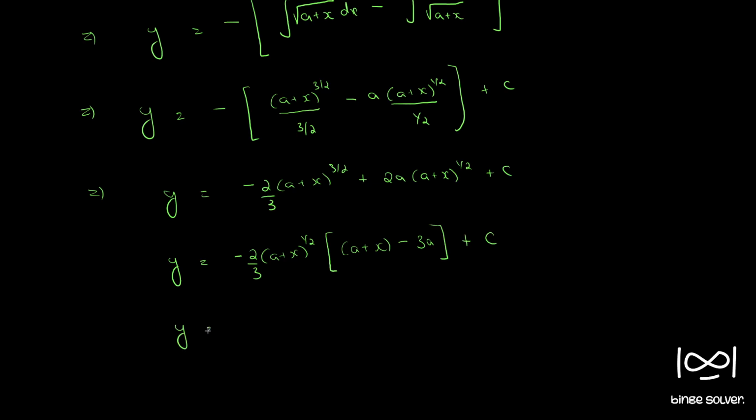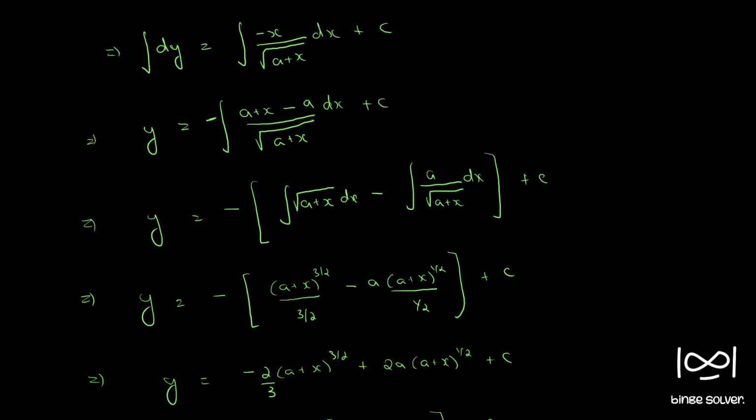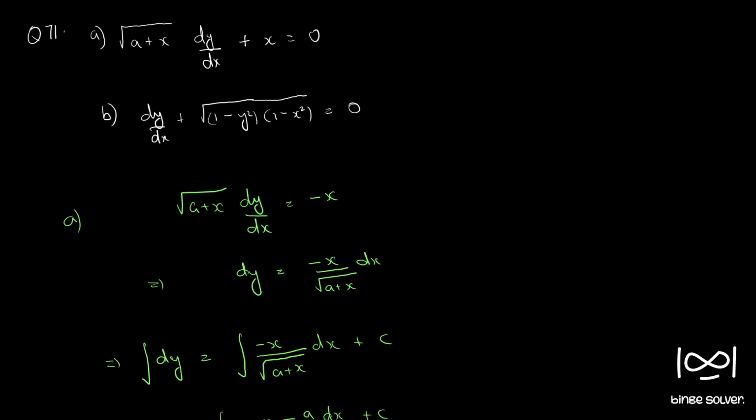Or y equal to minus 2 by 3 (a + x) raised to 1 by 2 into ((a + x) minus 3a), which is x minus 2a, plus c. Or we can write y plus 2 by 3 (a + x) raised to 1 by 2 into (x minus 2a) equal to c. So this is the solution to part A of question 71.